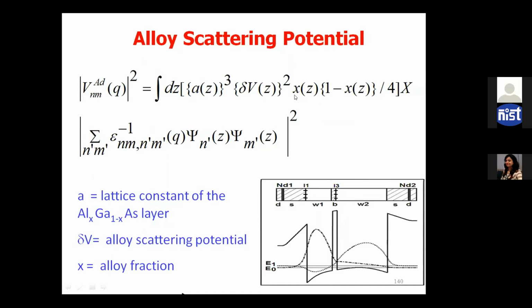That means it depends upon the alloy concentration as well as the delta V. That means this alloy scattering potential height also depends on the same thing. You can also modulate the alloy scattering by modulating the wave function, the overlapping of the wave function. This delta V is the alloy scattering potential, and x is the alloy fraction.